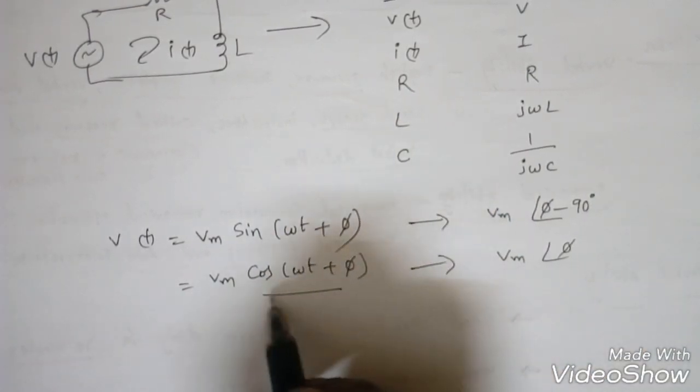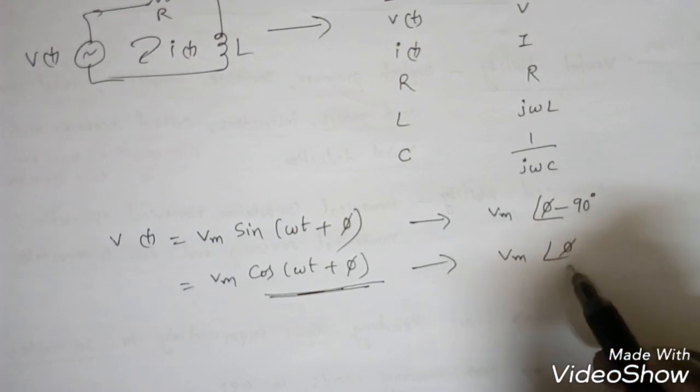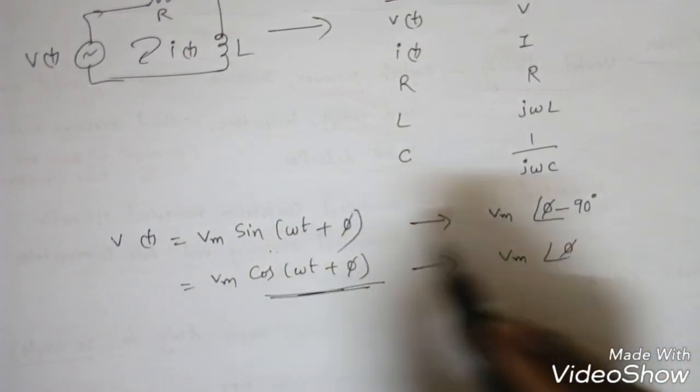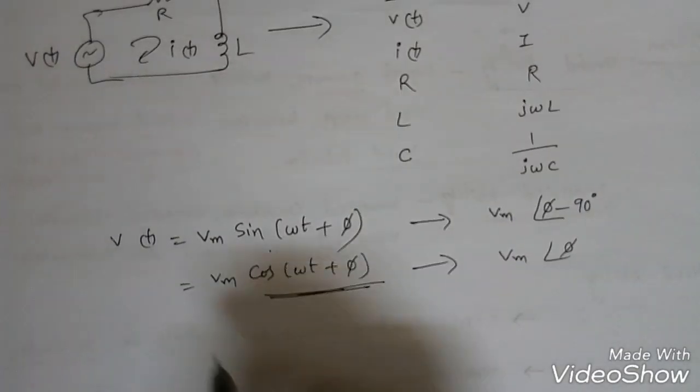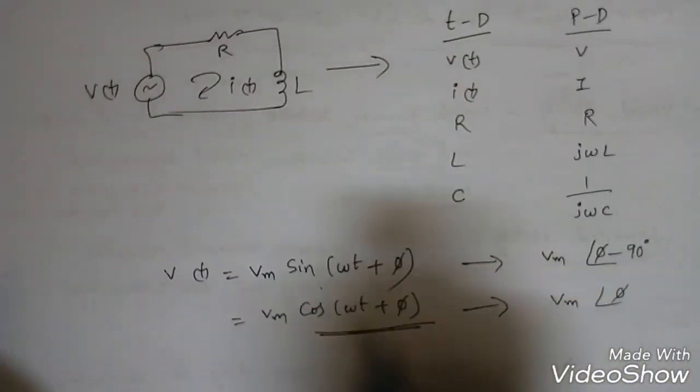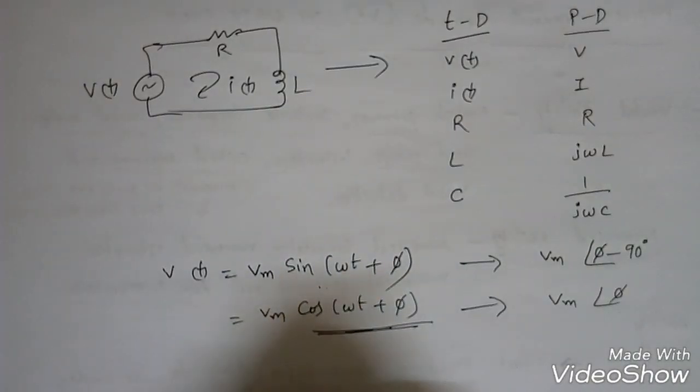Generally we take the cosine signal as the reference, so Vm angle phi, but if a sinusoidal signal is given, the angle becomes phi minus 90 degrees. Now when we apply this phasor domain approach, R and L will become like this.